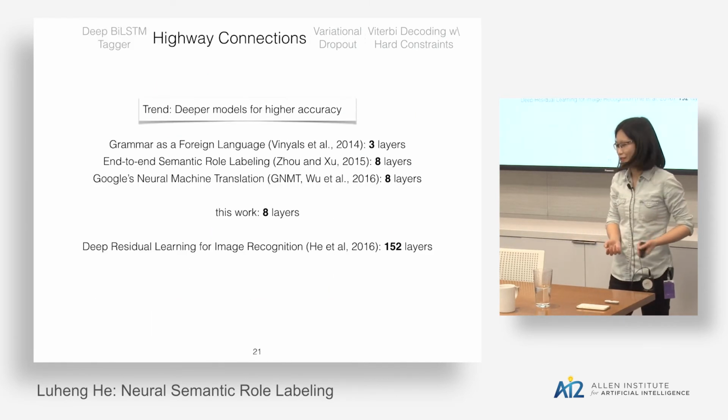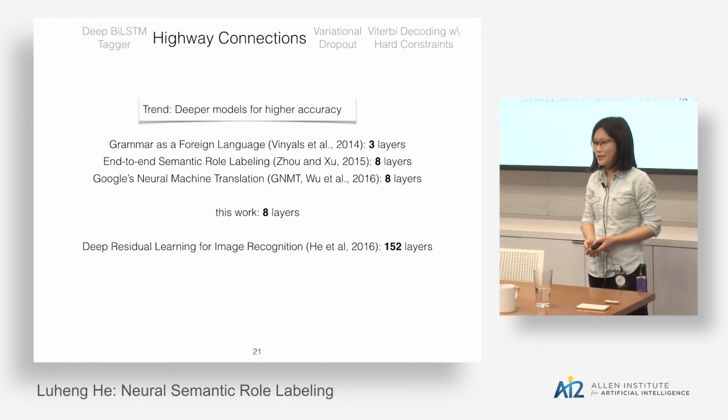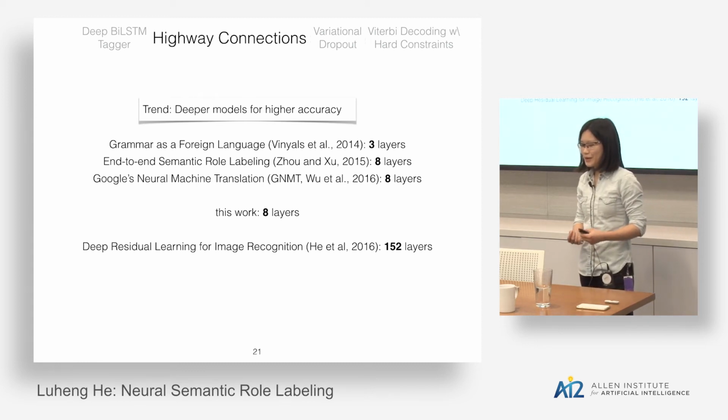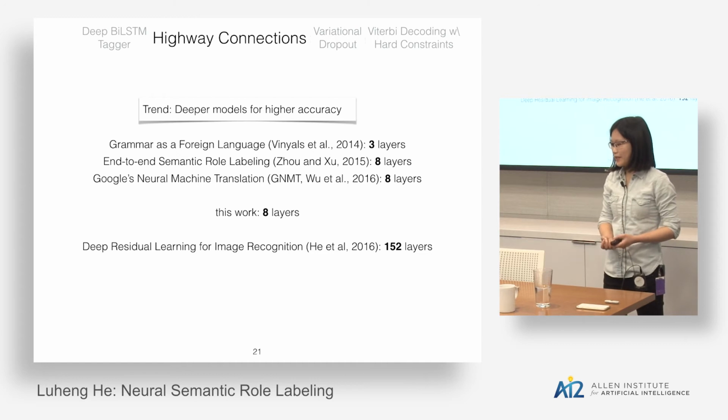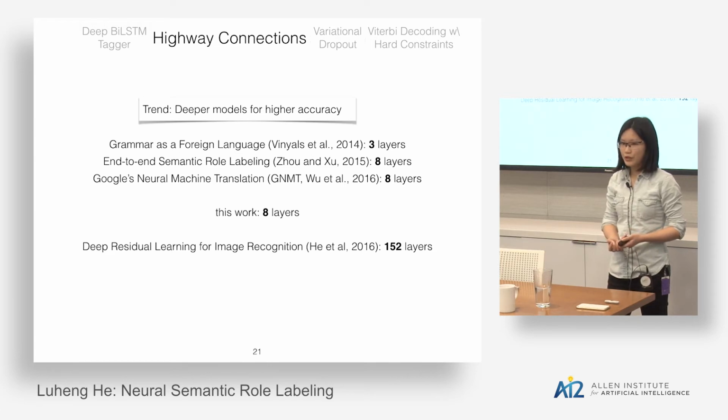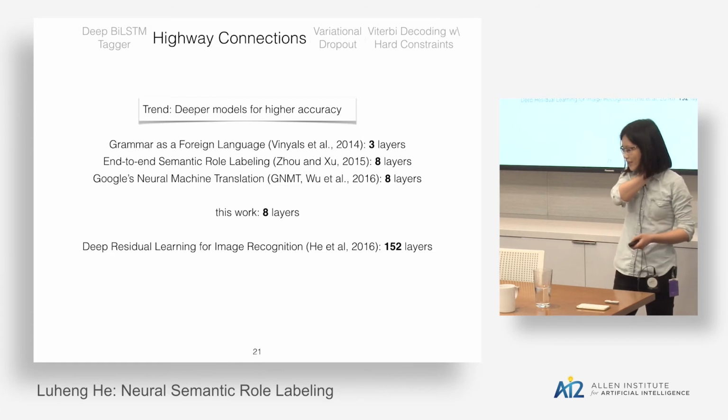So there's a recent trend of using deeper and deeper models for higher accuracy. For example, in Grammar as a Foreign Language, they use 3 layers, and in the work by Zhou and Xu, they use 8 BiLSTM layers. Google's recent neural machine translation model also used 8 LSTM layers. And if we go to the land of computer vision, ResNet has 152 layers.